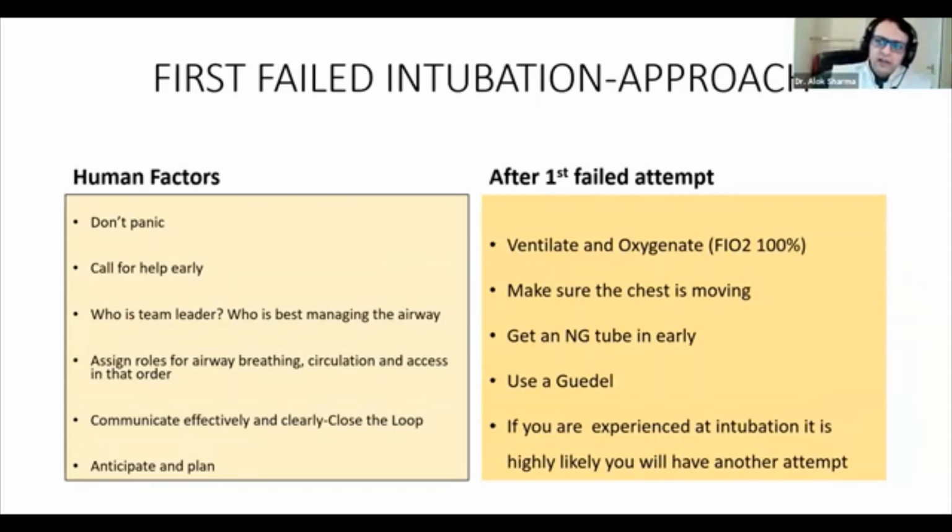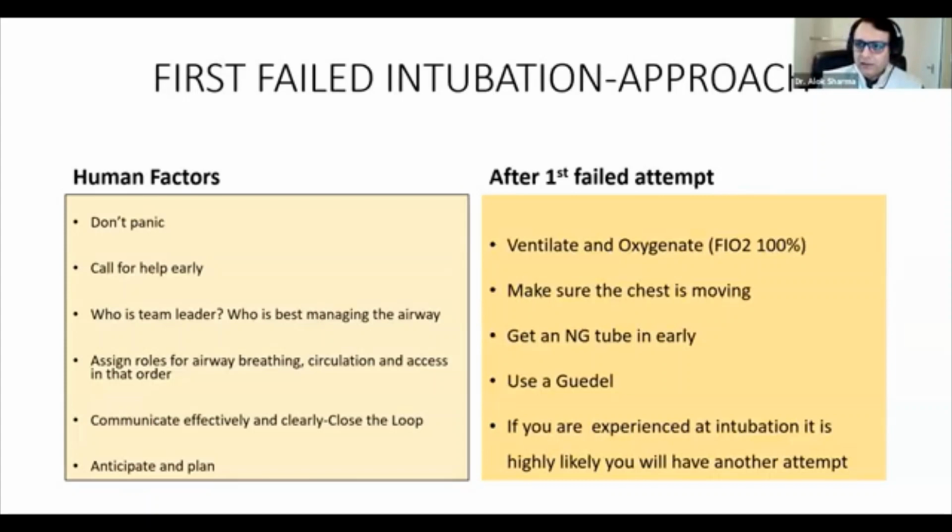So I run simulations, can't intubate, can't ventilate scenarios, where we've got specialized mannequins, which are babies modified with their airways, which Justin will probably talk to you about, which basically are difficult to intubate. But what we do is we put trainees in those circumstances along with our nursing colleagues, and we let them perform with the specific training that they get, used to managing those situations where babies are bradycardic and deteriorating.